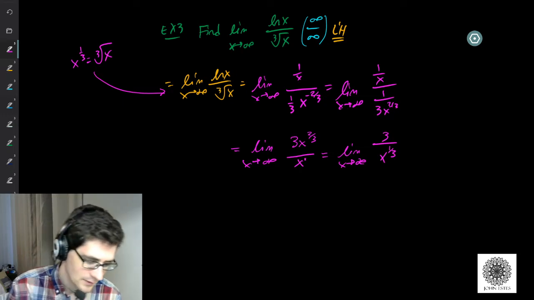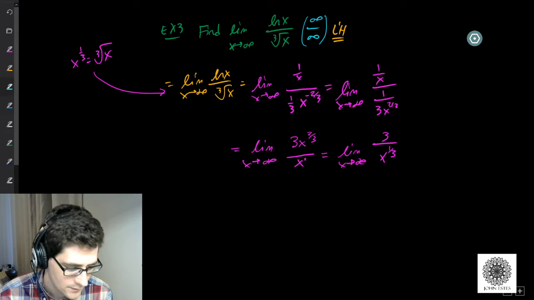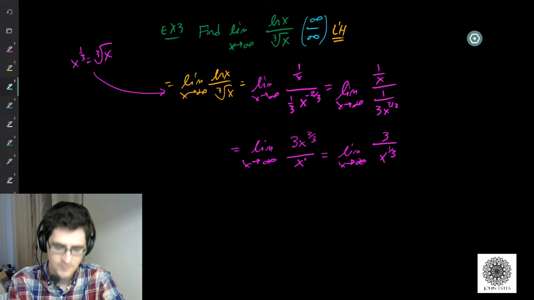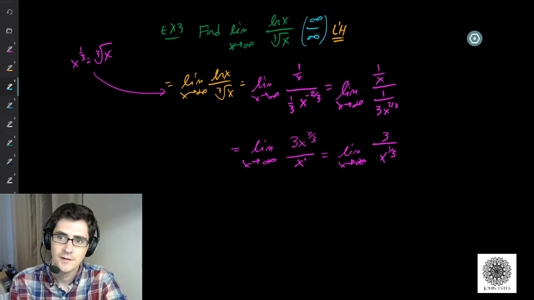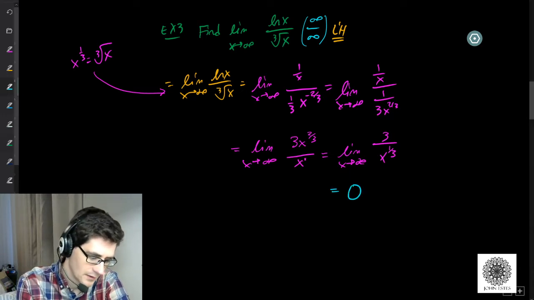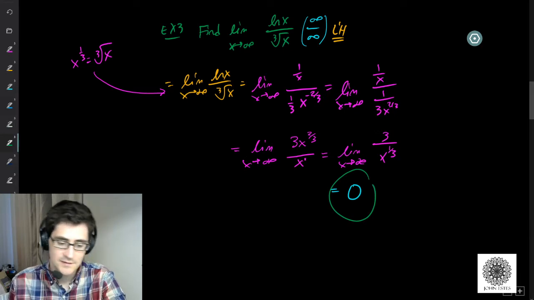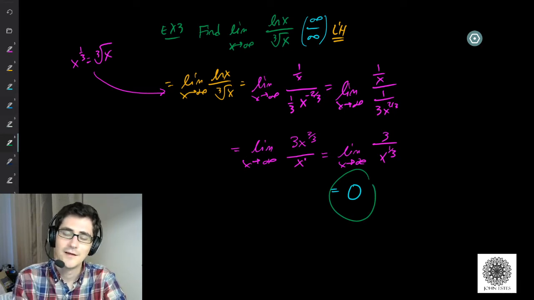Now I think we're allowed to evaluate what happens to this function as x goes to infinity. The 3 is a constant, doesn't do anything. The x to the 1/3 power goes to infinity, so 3 over something approaching infinity gives me 0. And there is my solution. So this time, infinity over infinity didn't equal 1 or infinity, it actually equals 0.